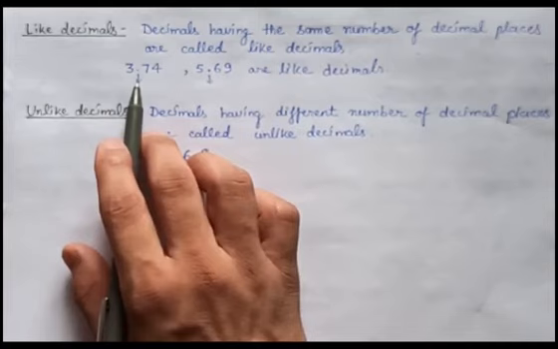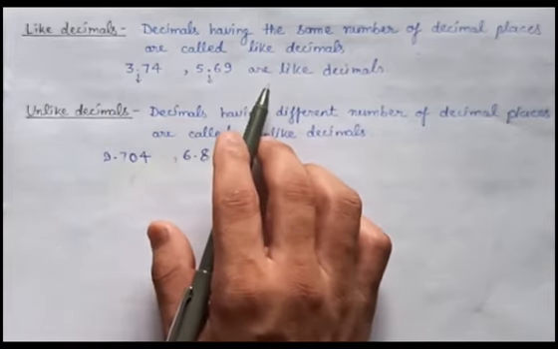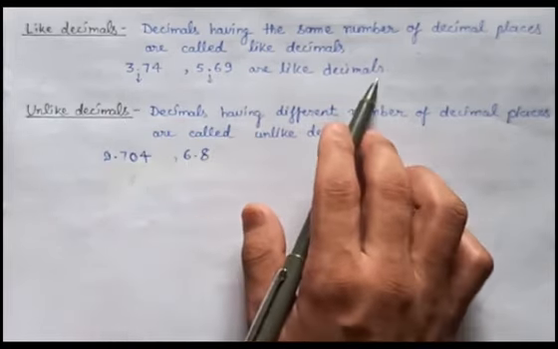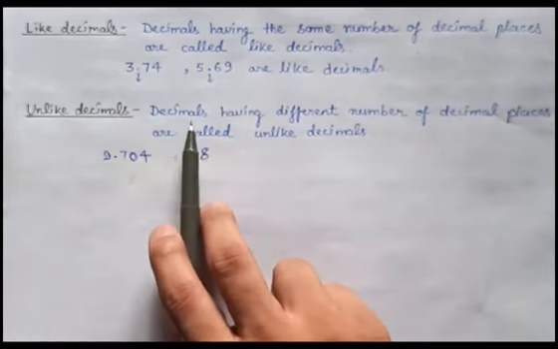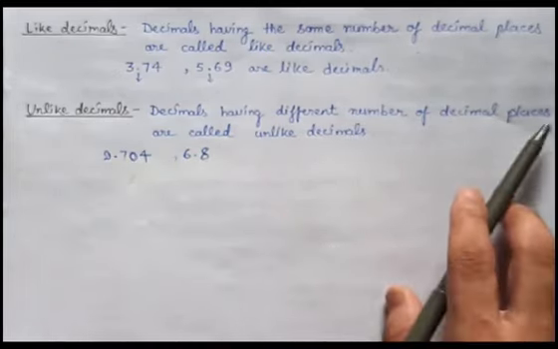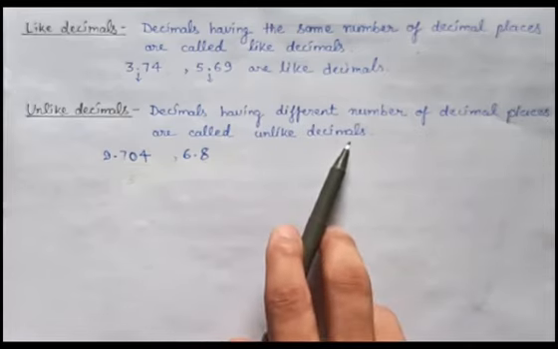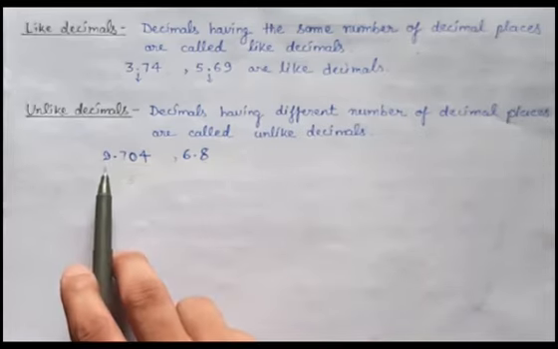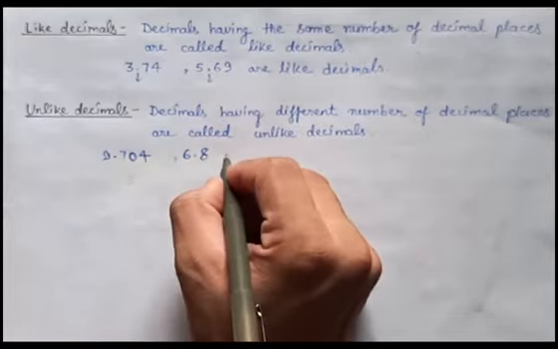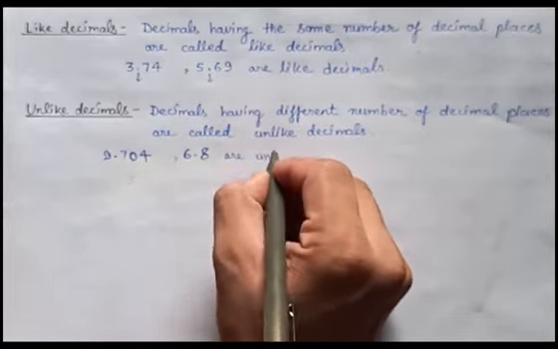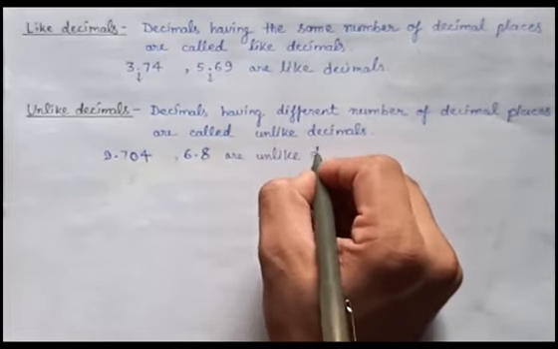So we can see that the given decimals have the same number of decimal places. So these are called like decimals. So what are unlike decimals? Decimals having different number of decimal places are called unlike decimals. For example, here you can see 9.704 and 6.8 are unlike decimals. Why?